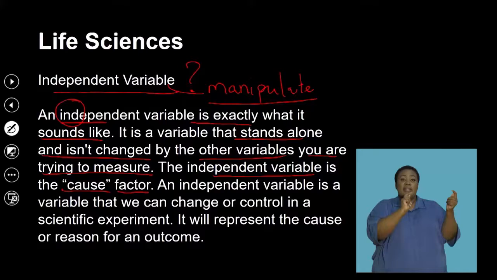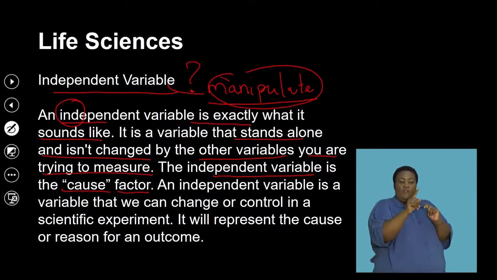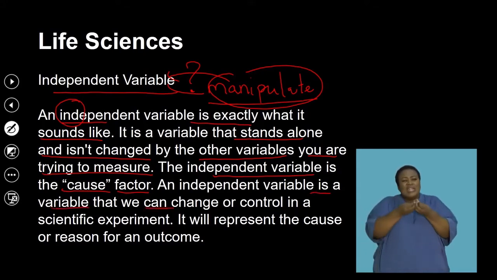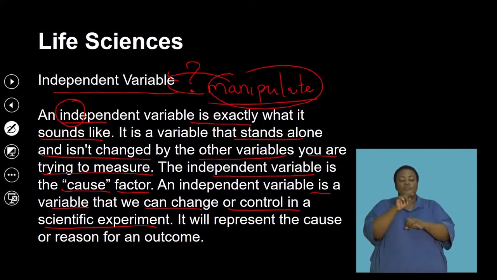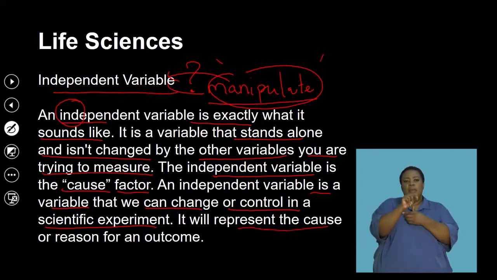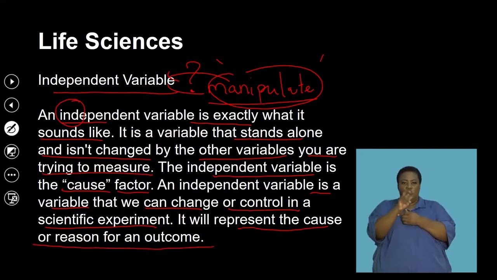So that's the manipulation of the independent variable. The independent variable is a variable that we can change or control in a scientific experiment, and that's the word I used in terms of change or control, referring to manipulation. It will represent the cause or reason for the outcome.